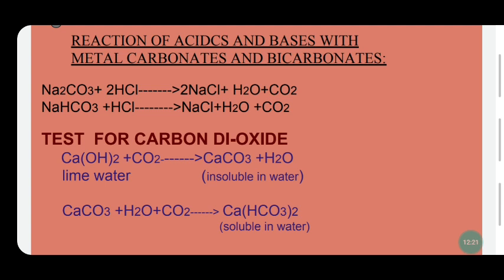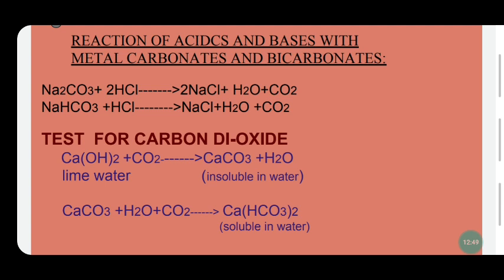So today, once more, let's recollect the points that we discussed. Indicators, natural and synthetic indicators. Remember the examples: turmeric, red cabbage juice, litmus paper, shoe flower, etc. Synthetic indicator examples: phenolphthalein, methyl orange. Remember the coloration also, it is important.